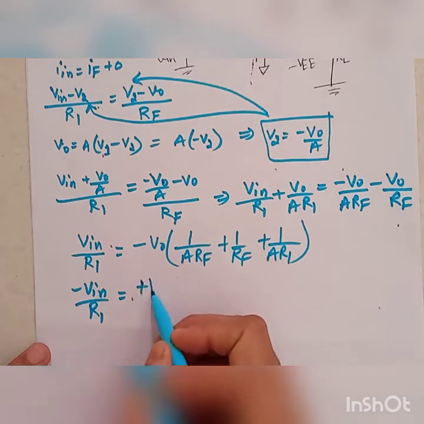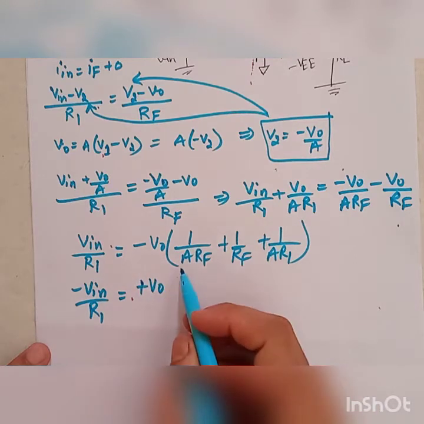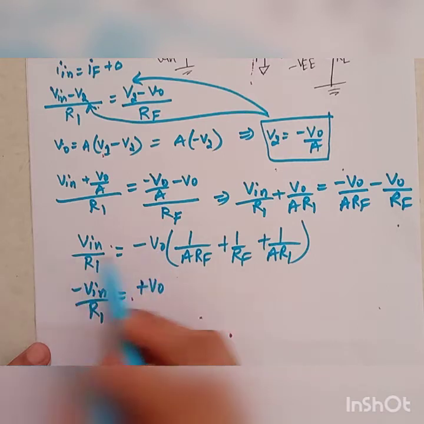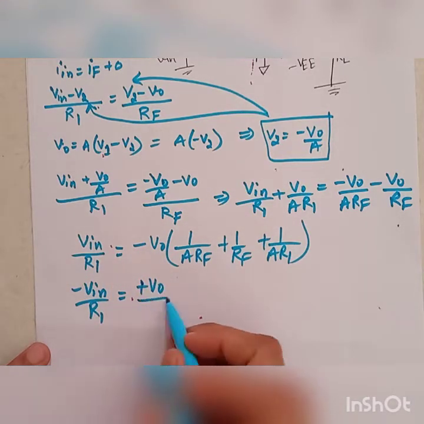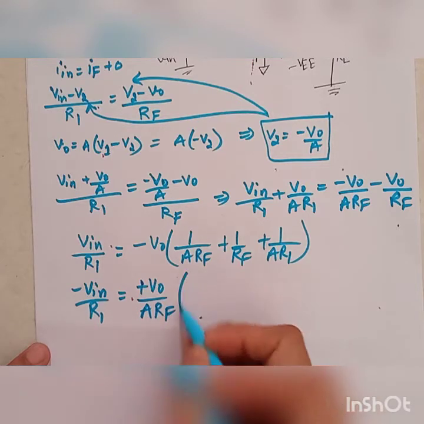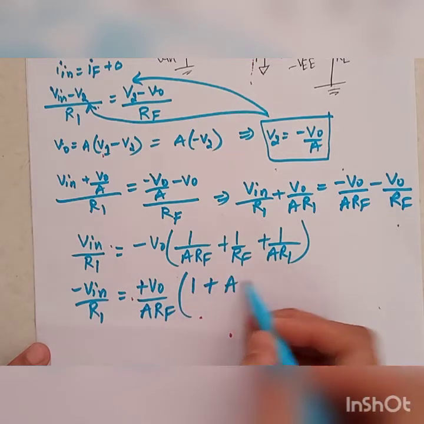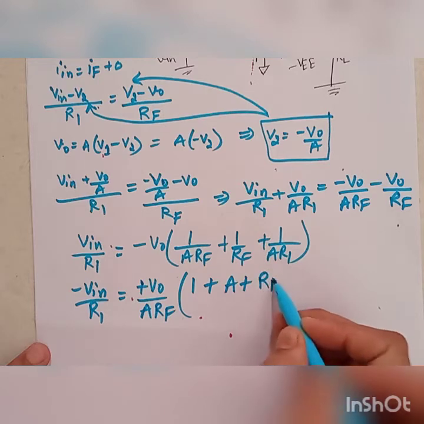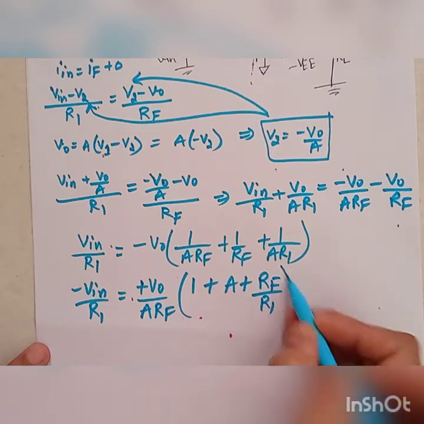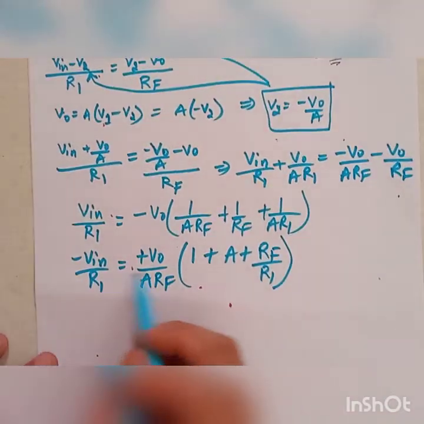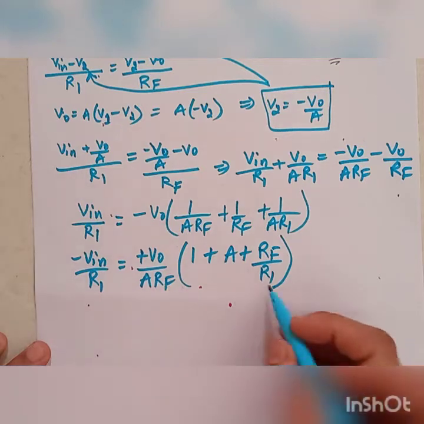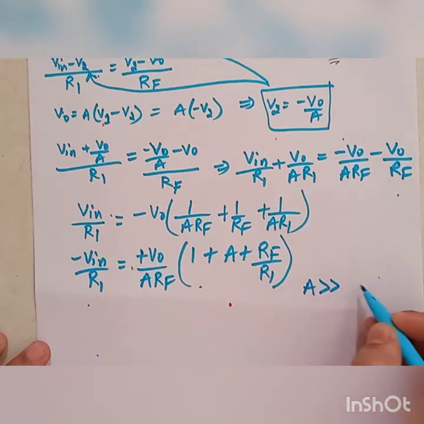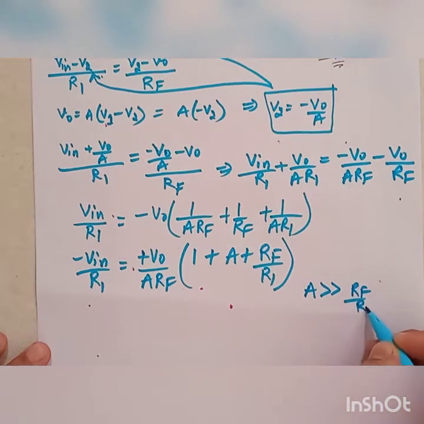Now I will take A RF common here, so this will become 1 here, and here it will become RF by R1, because the A's will cancel. From here I can calculate the V0 by V in ratio, but before that I will say A is very much greater than RF by R1 plus 1.